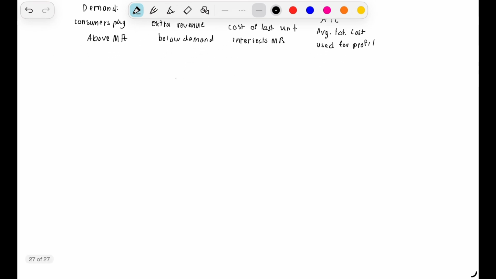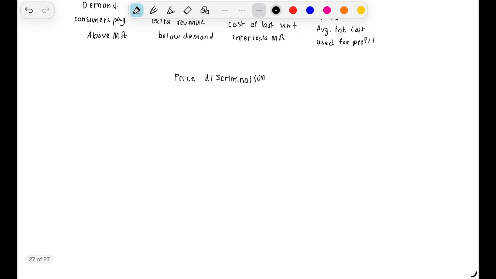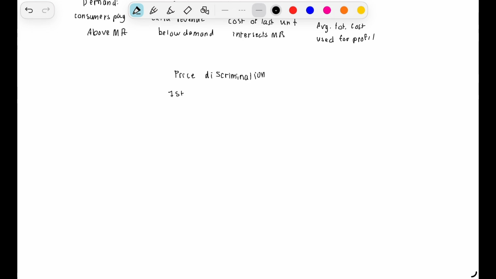Now, what is price discrimination? Price discrimination has 3 degrees. First degree is you charge your max WTP.